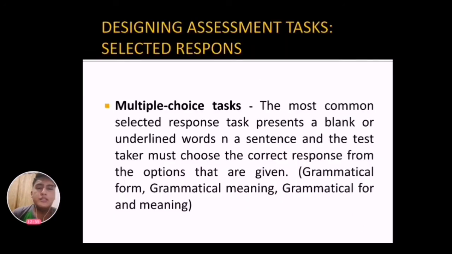Okay, designing assessment task, selected response. So here we have multiple choice tasks. The most common selected response task presents a blank or underlined words in a sentence, and the test taker must choose the correct response from the options given: grammatical form, grammatical meaning, or grammatical form and meaning.